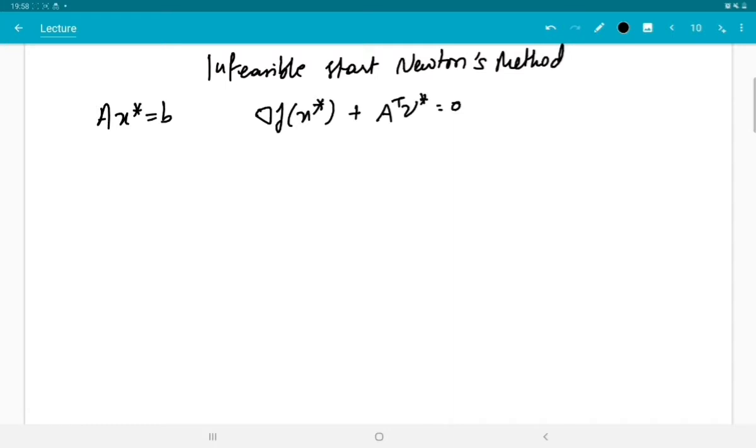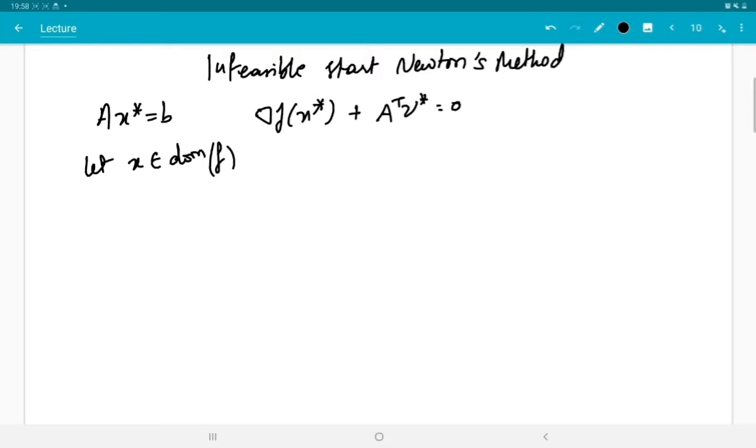Now we assume that we have a point x which is outside the feasible region, but it is in the domain of the objective function. And now we have to find out the new Newton step, because we are starting from outside, so the Newton step is different here.